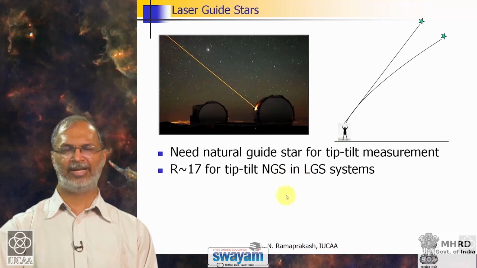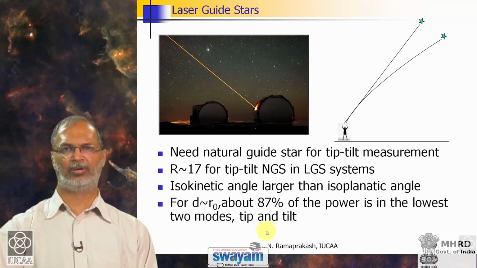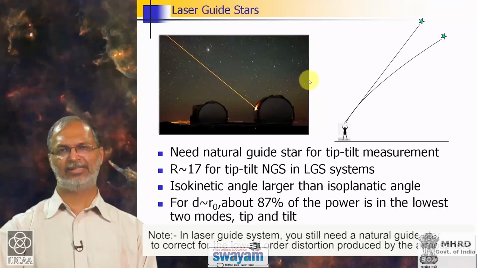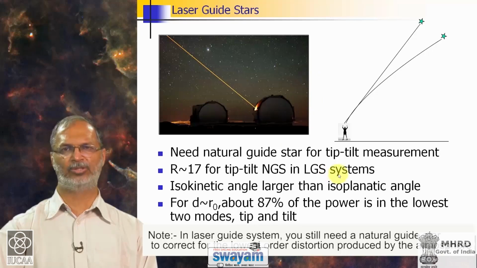But all the higher order corrections, everything beyond the overall movement of the star, can be corrected by the artificial guide star. So, even in a laser guide star system, you still need a natural guide star only to correct for the lowest order of the distortion introduced by the atmosphere, which is the overall tip and tilt.